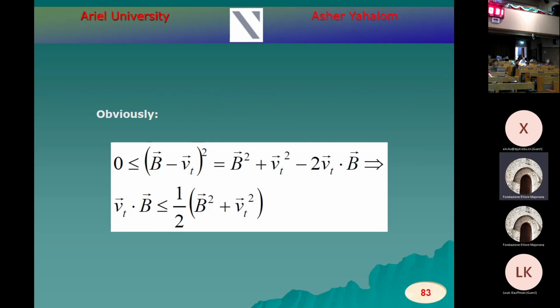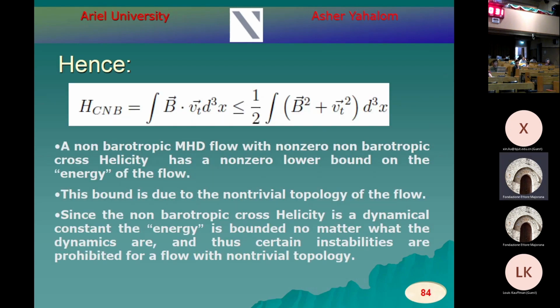Well, let's look at the following. Obviously, (B − vt)² is bigger than 0, and in two lines of derivation, you can see that vt·B is smaller than ½(B² + vt²).